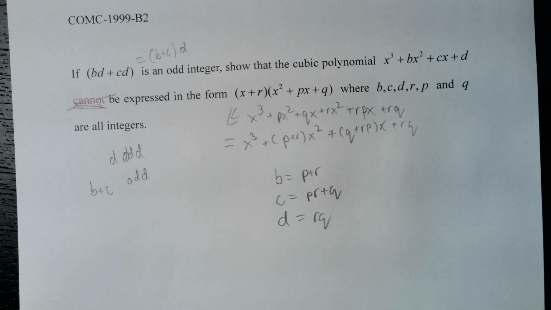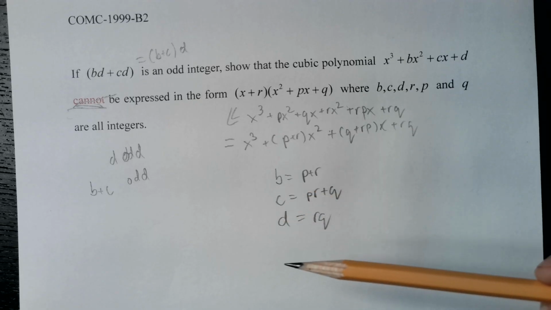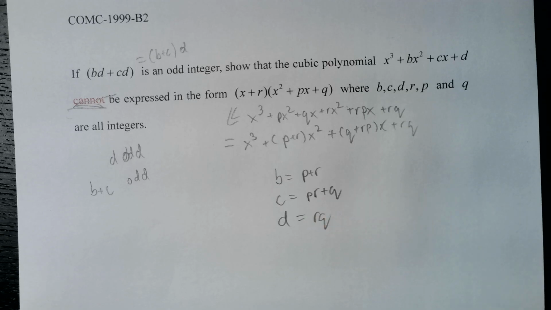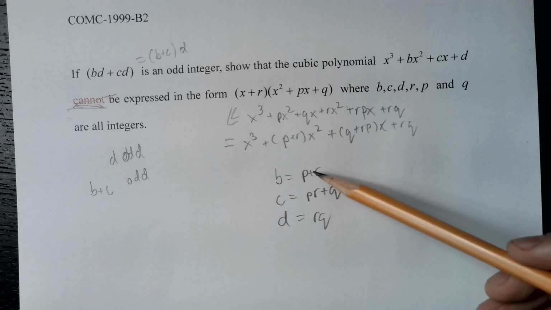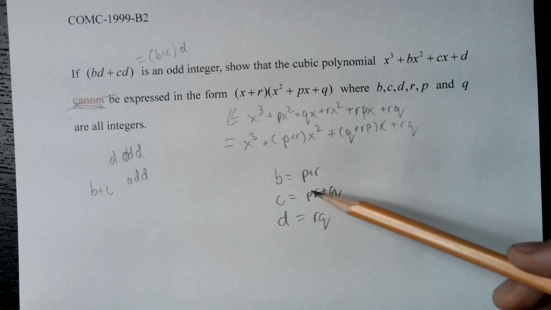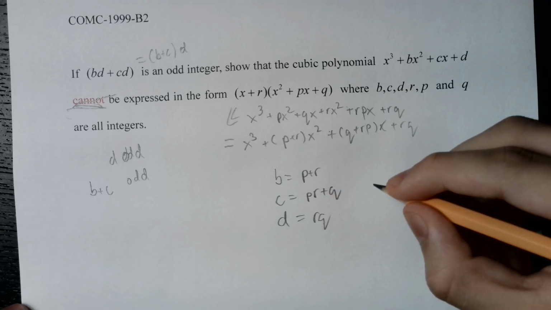As I said before, for b plus c to also be odd, this means that either b is going to be even and c is going to be odd, or c is even and b is odd. So just keep that in mind. Now we can look at p here, because we know that r is odd, and q is also odd. So now the only thing we don't know here is p. So let's do some case work really quickly.